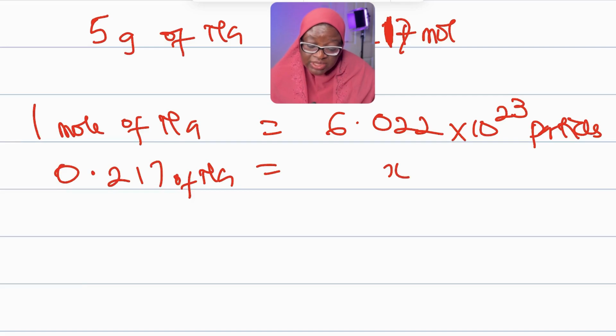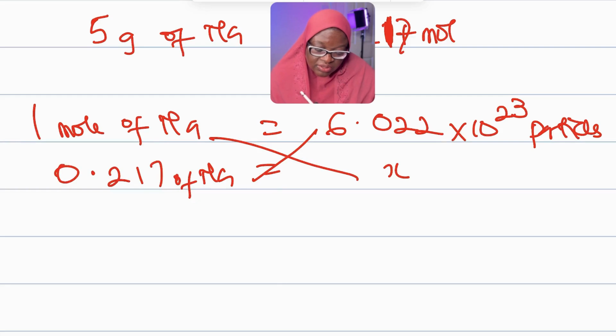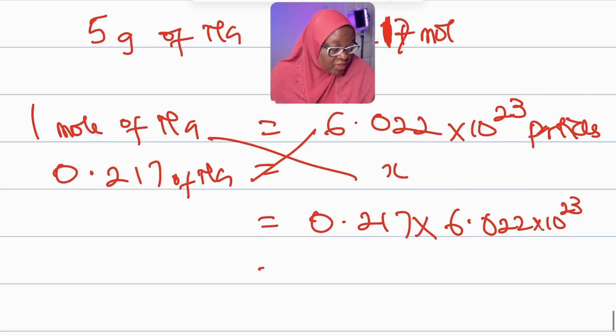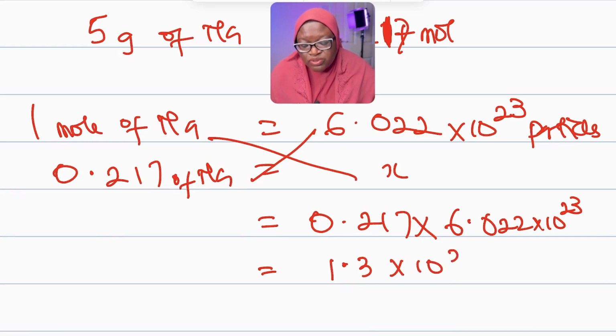If we cross multiply, the number of particles will be 0.217 times 6.022 times 10 to the power of 23, and the number of particles will be 1.3 times 10 raised to power 23.